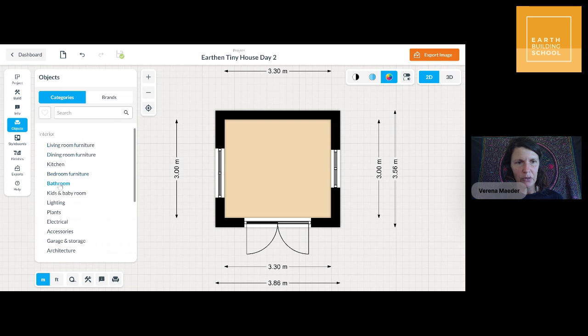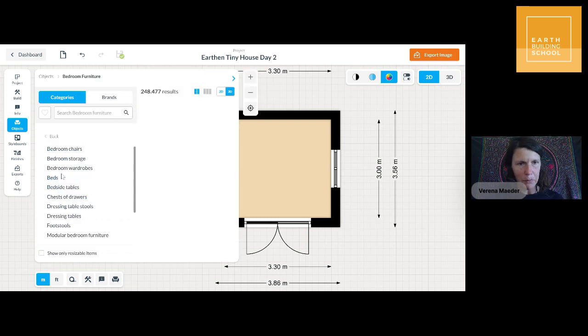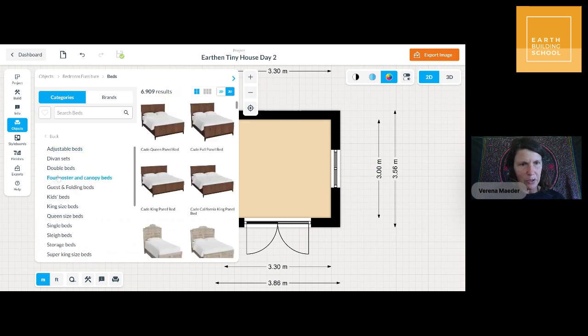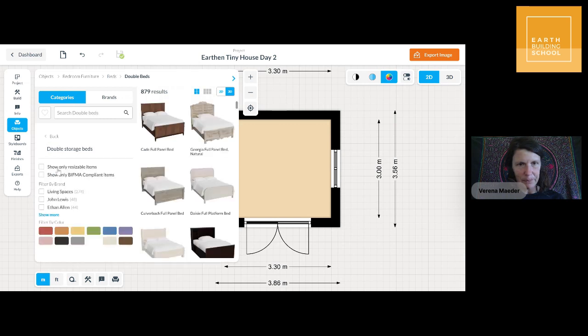You can go and grab furniture. So for example, bedroom furniture, and you just grab them. If you go to beds, for example, it will give you double beds. You can choose what you like.